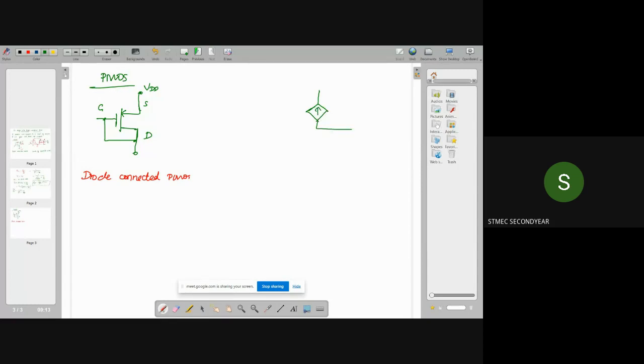Direction will be like this, and this is GM2 V2. I'm taking GM2 V2 and R0.